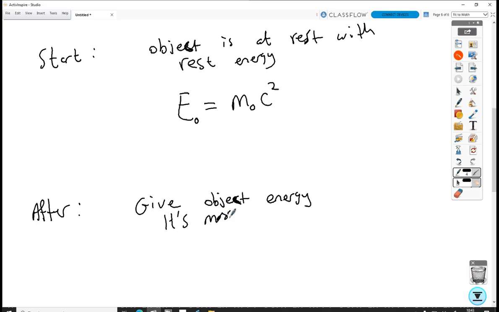So its mass changes to m. So energy E1 is now equal to mc squared. The energy that you've given it is the difference between its new energy minus its original energy.